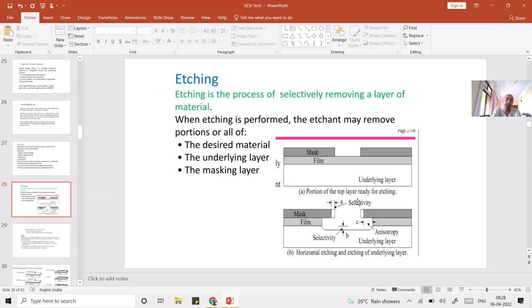So the purpose of etching is removing a certain region. In case of wet etching, you use certain materials which have chlorine or halogens in them, so chlorine, fluorine sort of materials.